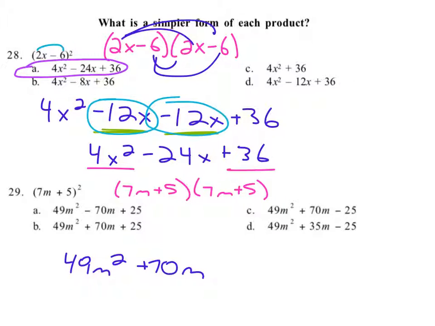That's your middle term. And then finally, we square this last term. 5 times 5 is 25. That is a method you can use if you know what you're doing and you're sure you're doing it right. So we get 49m squared plus 70m plus 25, and that is B. And we're done.